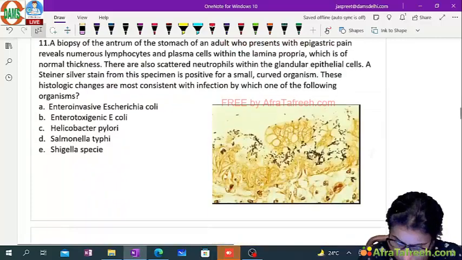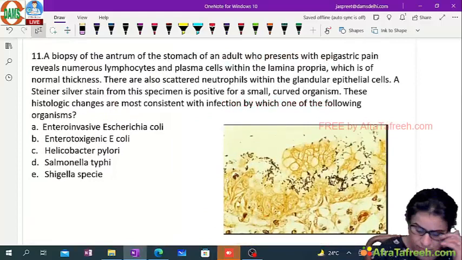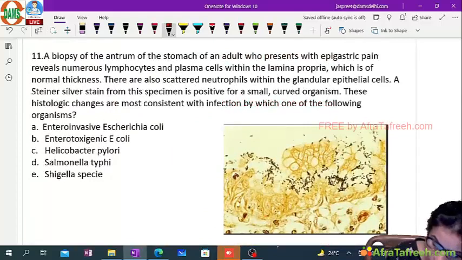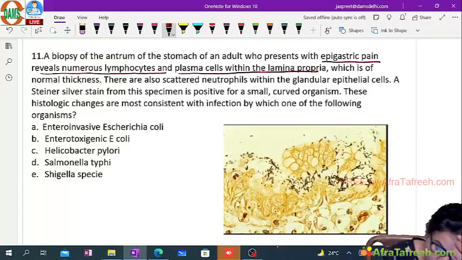Okay, now look at this question. A biopsy of the antrum of the stomach of an adult who presents with epigastric pain reveals numerous lymphocytes and plasma cells within the lamina propria, which is of normal thickness. There are scattered neutrophils within the glandular epithelial cells.